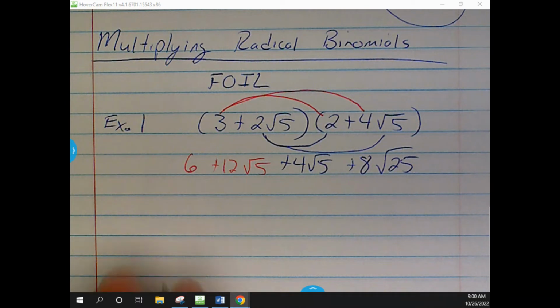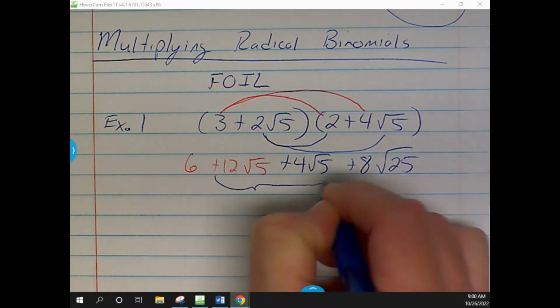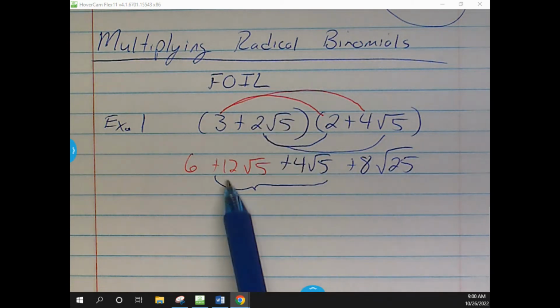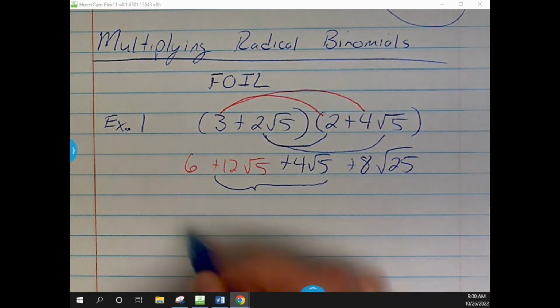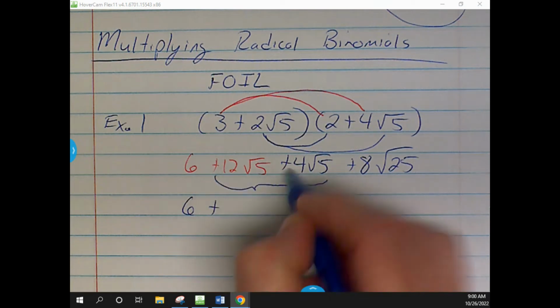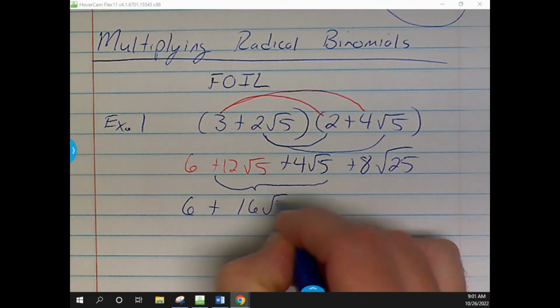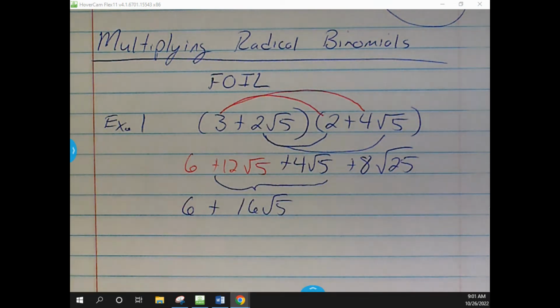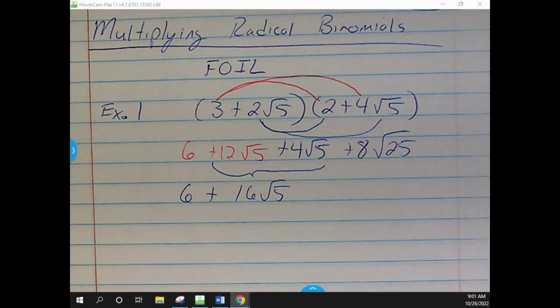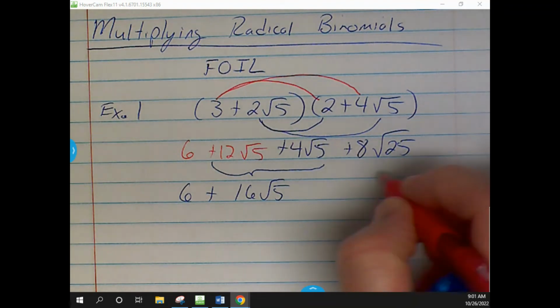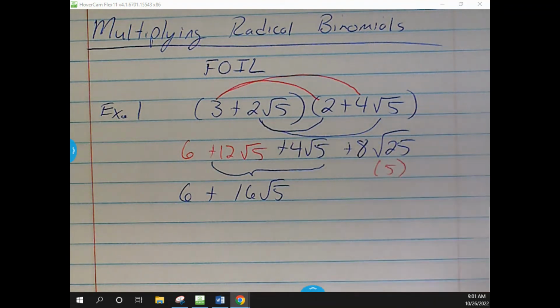Okay, so the 6 is 6. There's nothing you can do with it. But here's where we use the addition and subtraction: 12 square root of 5 plus 4 square root of 5. That's 12 plus 4, so that's 16 square root of 5. And then we've got 8 times the square root of 25, but the square root of 25 is just 5.